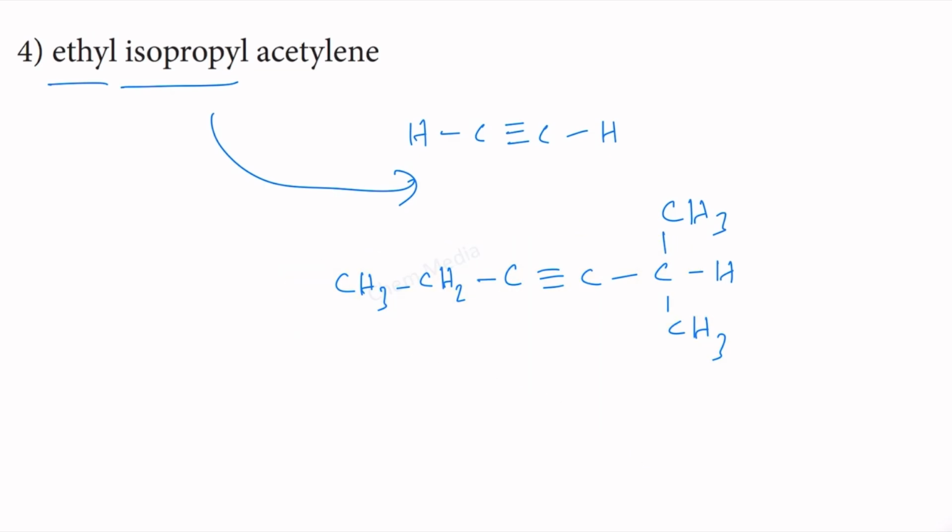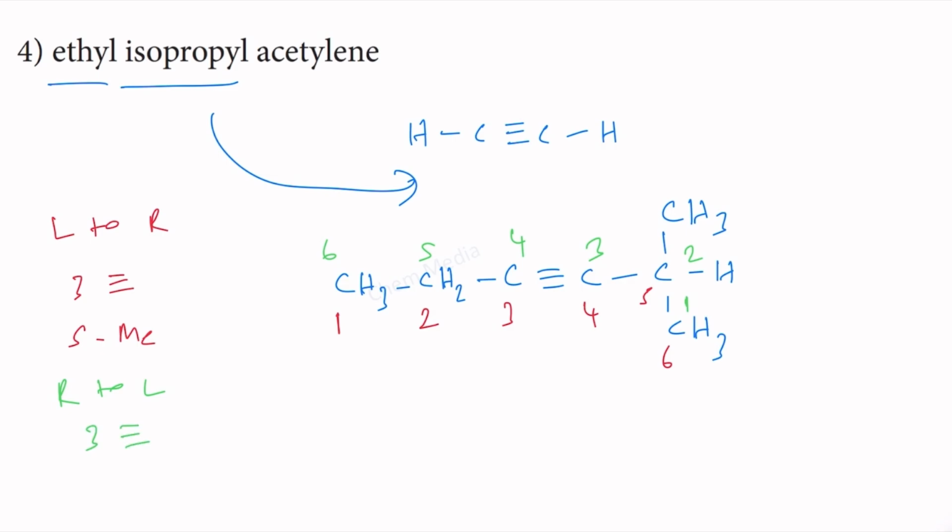Let us number it 1, 2, 3, 4, 5, 6. If we number left to right, we get the triple bond at 3 position and the methyl group comes at 5 position. On the contrary, if we number right to left 1, 2, 3, 4, 5, 6.